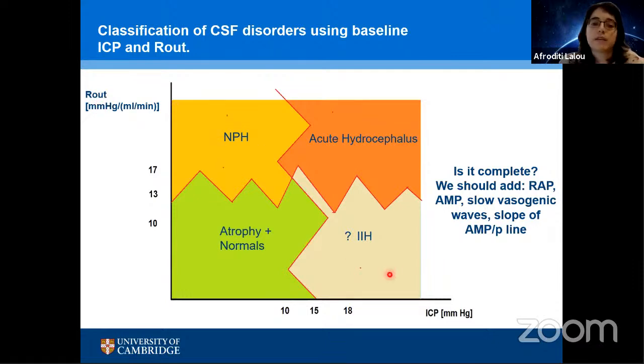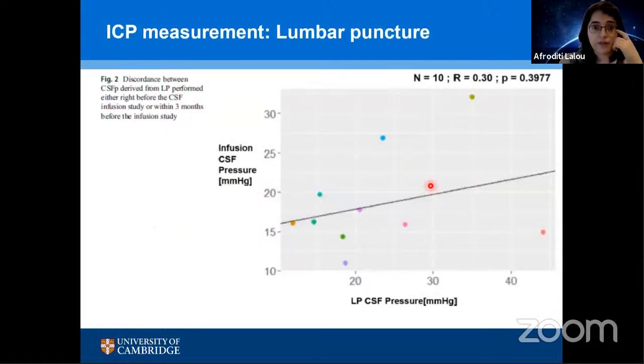And then in conditions such as IIH, where we know that there's high pressure, possibly normal, at least measured as normal, resistance, we can add other parameters. As we saw in IIH, there is disturbed compensatory reserve, there is disturbed compliance. So adding more parameters to the pressure as a number would be very important in investigating these conditions.